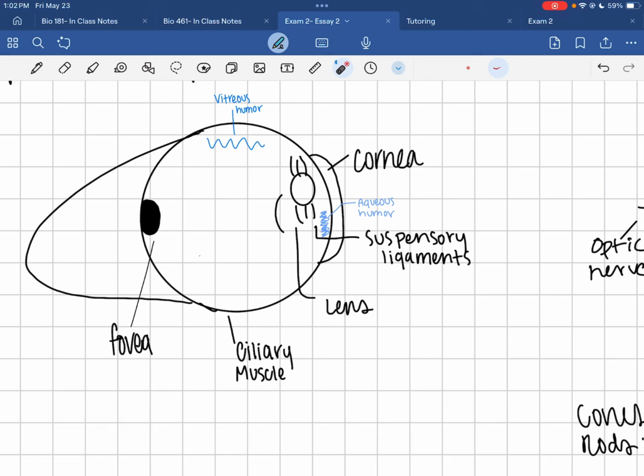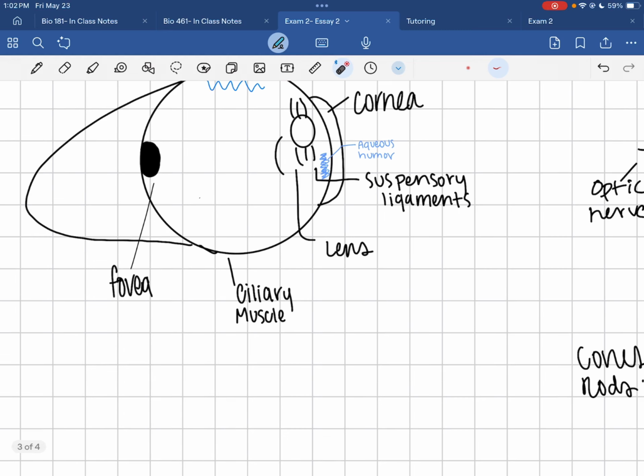And then when they flatten, there's less tension right here, so they're able to flatten. Let me rephrase this. So when there's no tension on the suspensory ligaments, that means the lens is at its thickest or its natural shape.